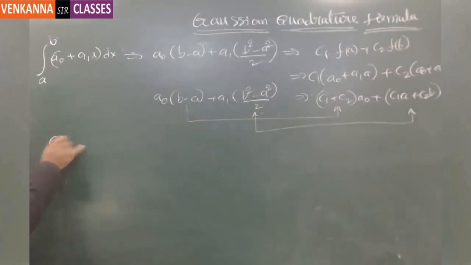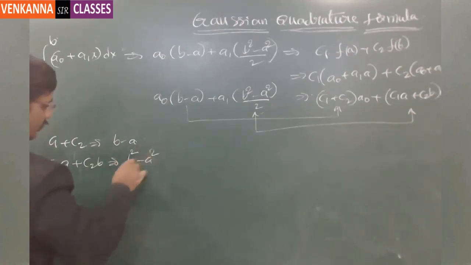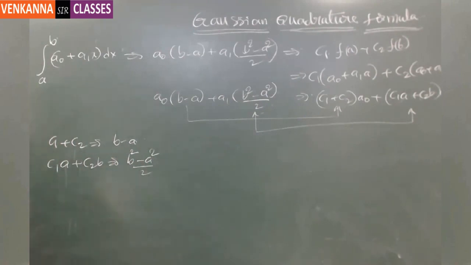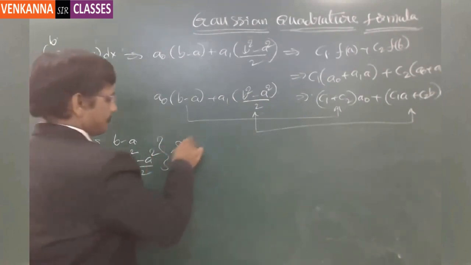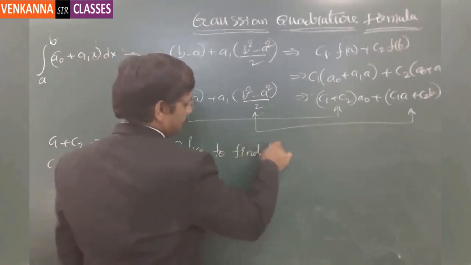So C1 plus C2 is equal to b minus a, and C1a plus C2b is equal to b square minus a square by 2. So if you solve these two equations, you can find the values of C1 and C2.